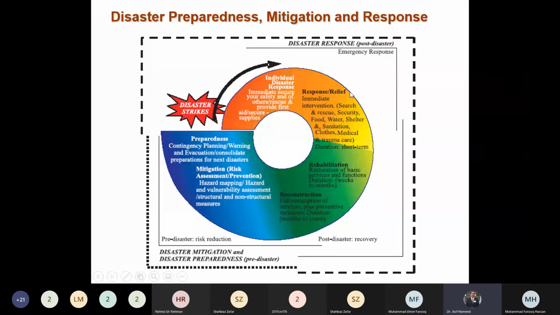And then you have to provide relief to the affected people. You have to provide food, shelter, water, sanitation, clothes, medicals to the people affected because of that disaster. And this is a short-term solution. Then you will have to rehabilitate the facilities. It will take say weeks and months, and then you will reconstruct the facilities. It may take some years.